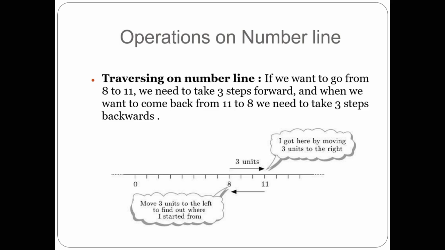Now we study the operations on the number line. Traversing on the number line, if we want to go from 8 to 11, we need to take 3 steps forward, and when we want to come back from 11 to 8, we need to take 3 steps backward. You see, the number line has been shown, indicating 0, 1, 2, 3, 4, 5, 6, 7, 8, 9, 10, 11.